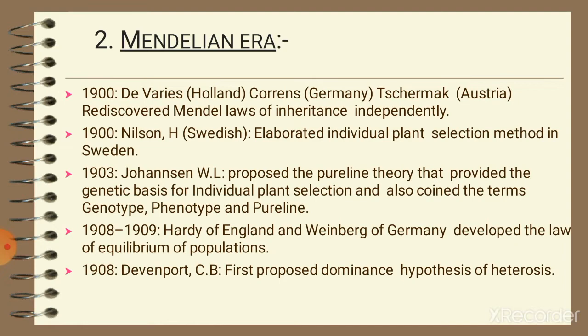In 1900, H. Nilsson, a Swedish scientist, elaborated the individual plant selection method in Sweden. In 1903, W.L. Johannsen proposed the pure line theory that provided the genetic basis for individual plant selection, and also coined the terms genotype, phenotype and pure line.